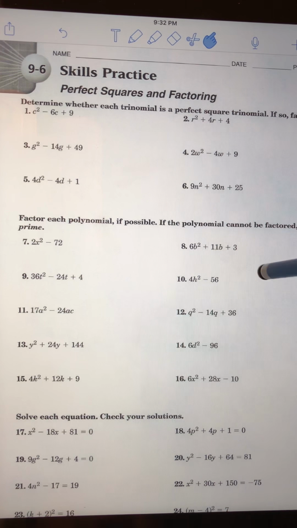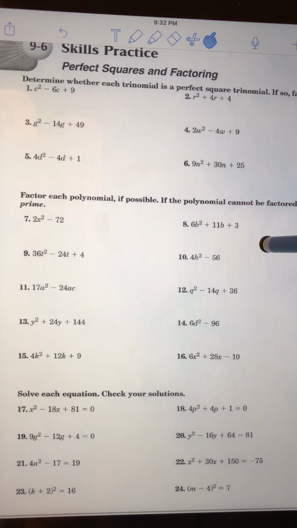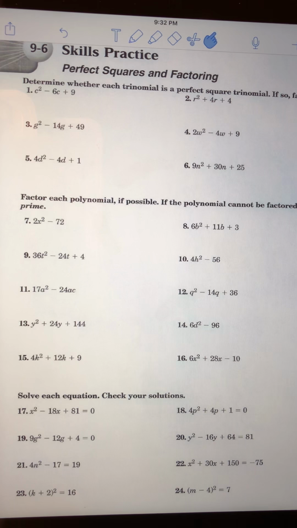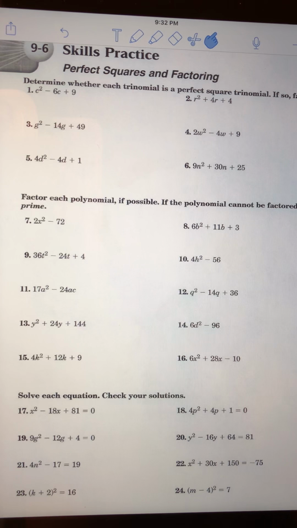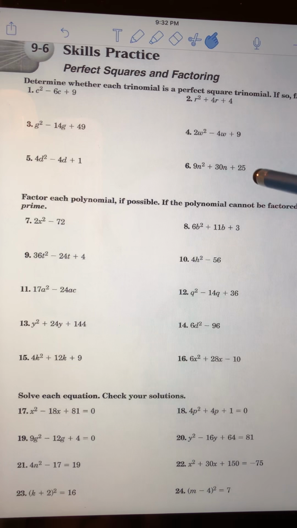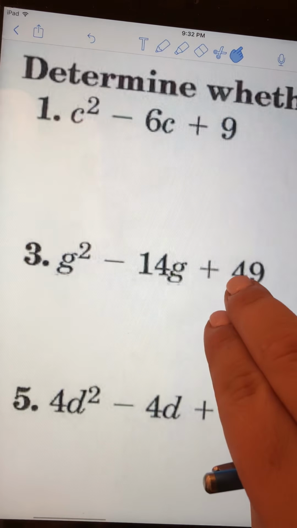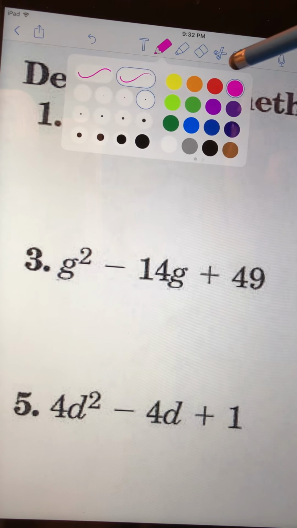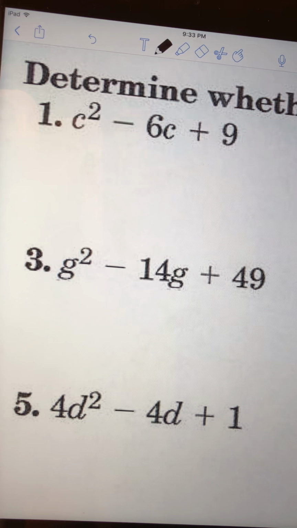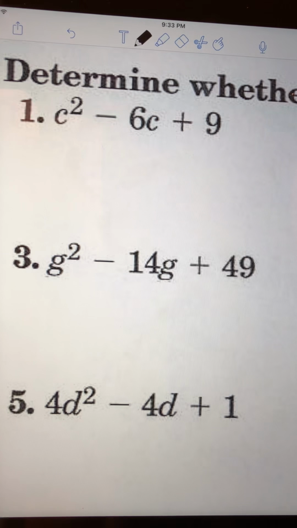For 9-6 on page 555, at the very top it says, determine whether each trinomial is a perfect square trinomial. If so, factor it. So we talked about perfect square trinomials in Module 6. And what that means is that, like for number 1, if we look at this problem, in order for it to be a perfect square, it has to be two of the same quantities.